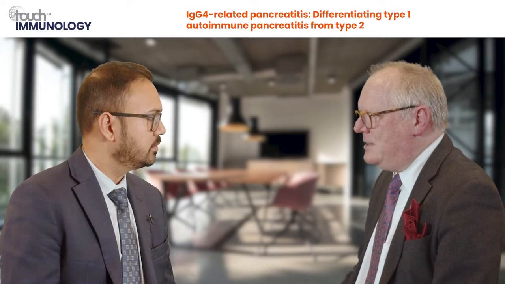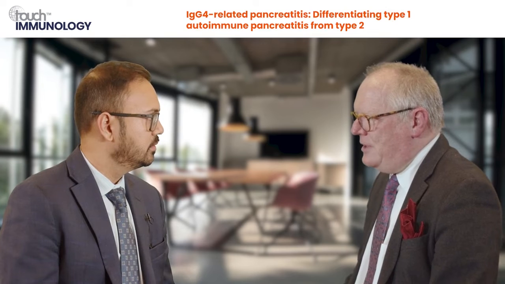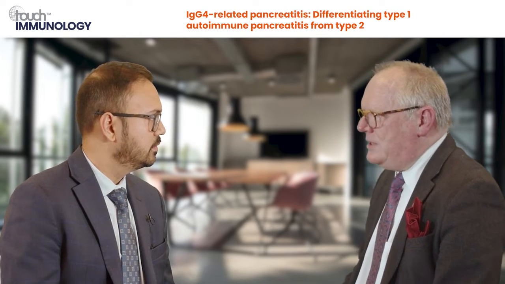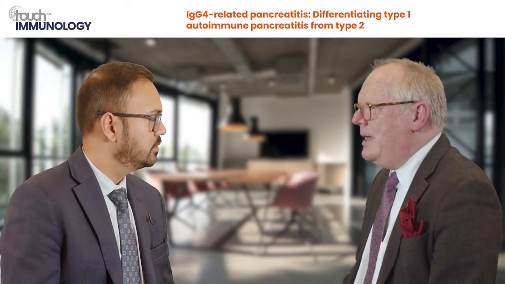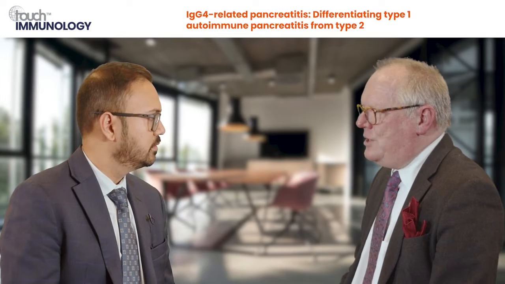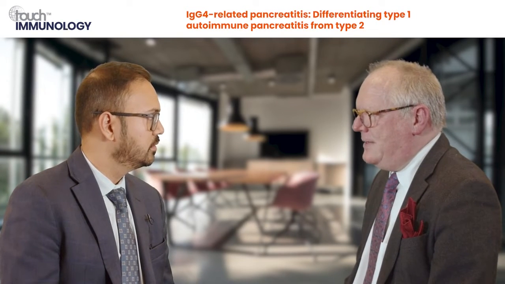Even a venulitis, obliterative phlebitis in the tissue is very, very specific. And then obviously the IgG4 positive plasma cells, more than 10 per high power field, are the diagnostic threshold, which really determines that this is IgG4 related disease, that is autoimmune pancreatitis type 1.